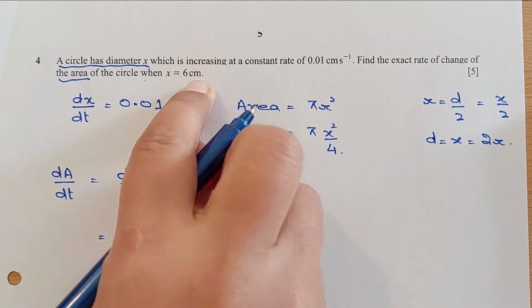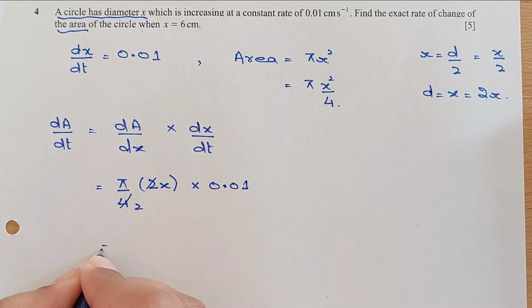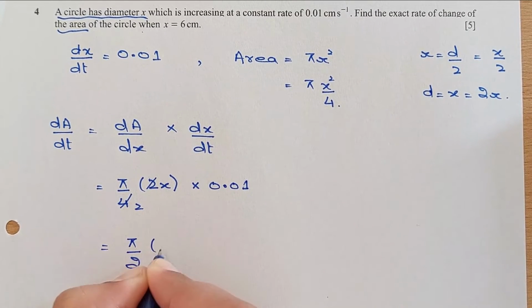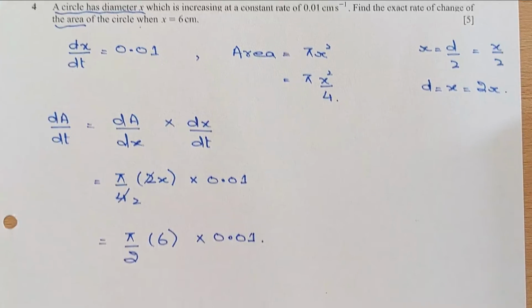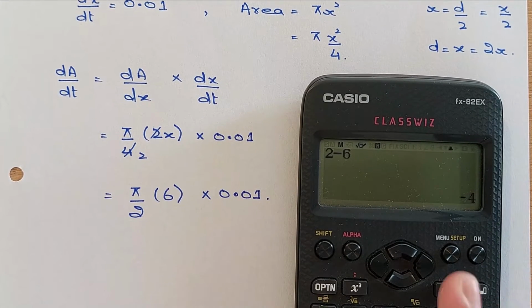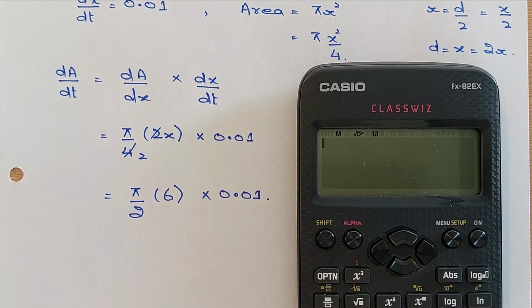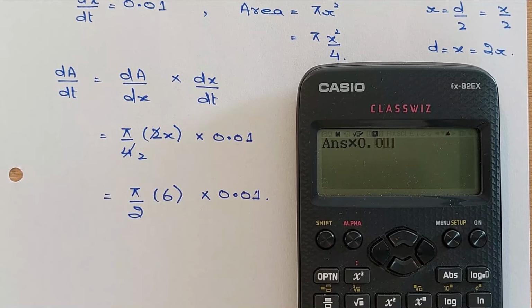So at x equals to 6, just substitute x equals to 6 here. So 2 times 2 is 4, so we have pi by 2 times 6 times 0.01. So this is the rate of change of area of a circle when x is 6.